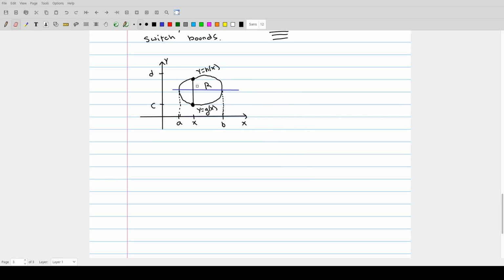And what we're going to do is erase, not the domain, but a couple of the points. So that point, and we'll erase y equals h of x. We'll erase this as well.